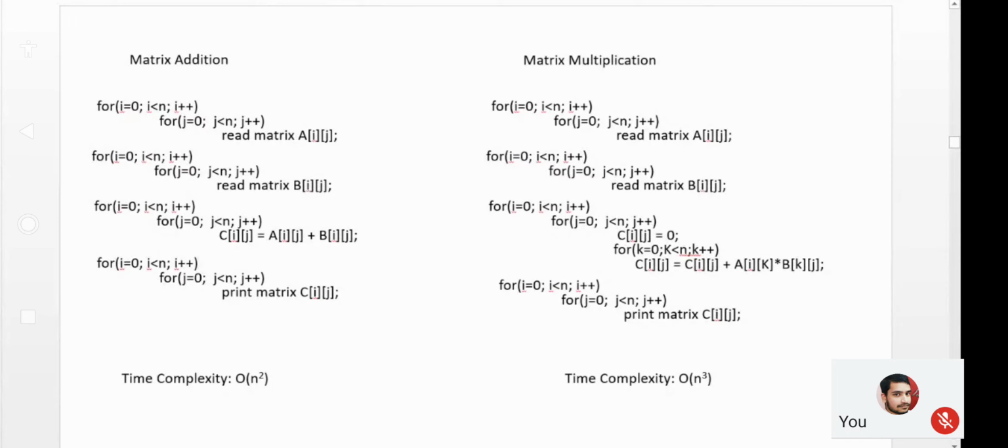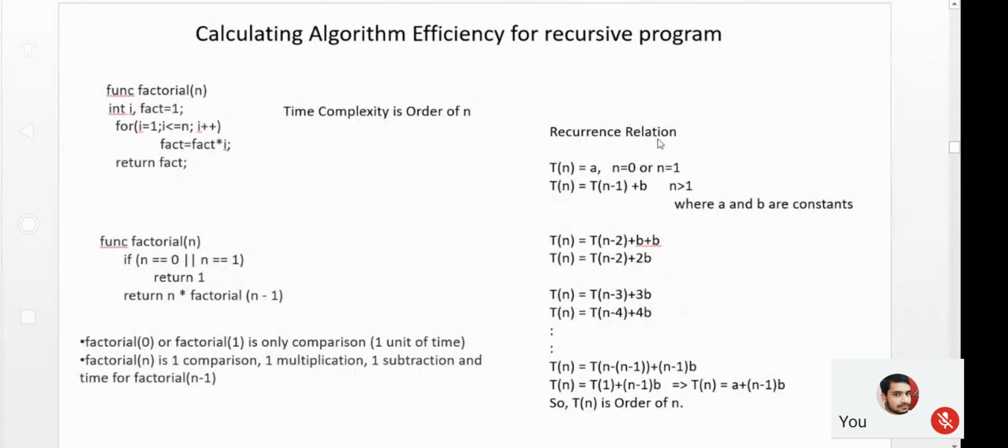If the program is written in an iterative way... Now, next one, which is very, very important. If the problem is written in recursive way, say here I am giving you one example. I have written two functions of the same problem, factorial.